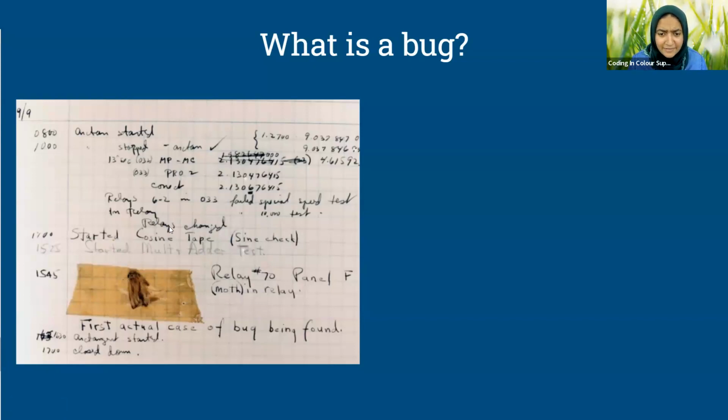Turns out she found a hardware problem, not a software one. The hardware problem was that there was a moth in the hardware, stopping things from working. And the reason it's famous is because she actually stuck the bug into her notebook and wrote, first actual case of bug being found.